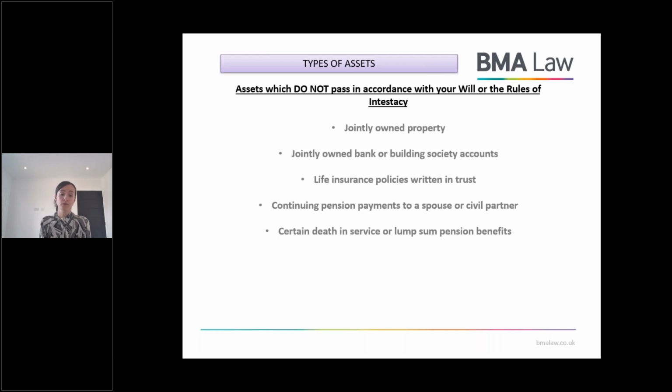The reason for this is that the policyholder has no right to benefit from the policy during their lifetime. The benefit of the policy and its proceeds belong to the beneficiaries of the trust.